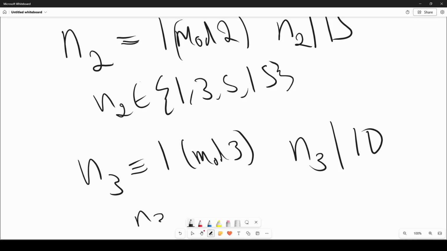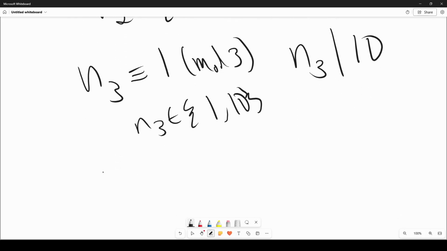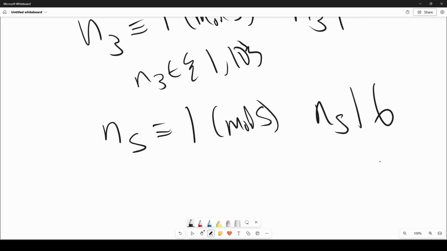Using these together, I get that n3 has to be either 1 or 10. Finally, n5 is equivalent to 1 mod 5, and n5 has to divide 2 times 3, which is 6. Because of this, n5 is either 1 or 6.